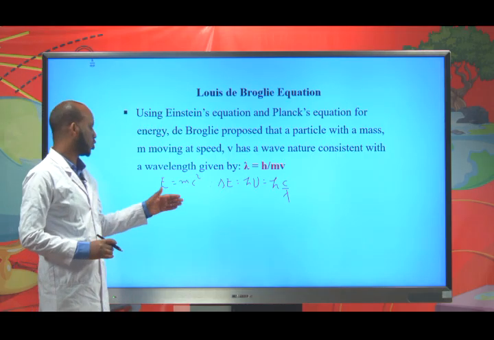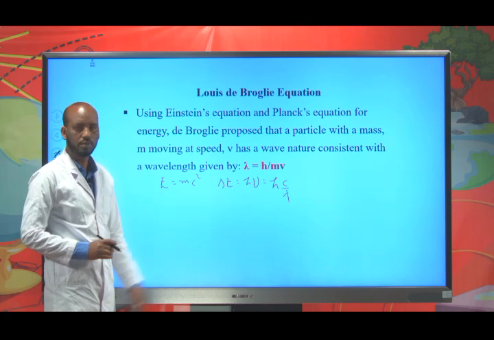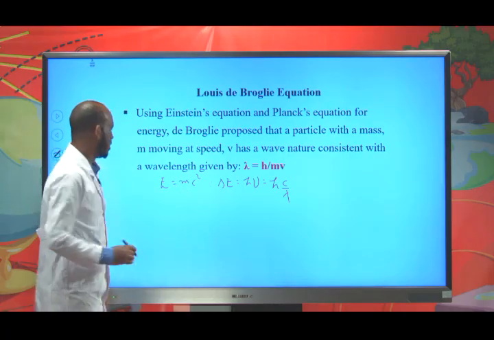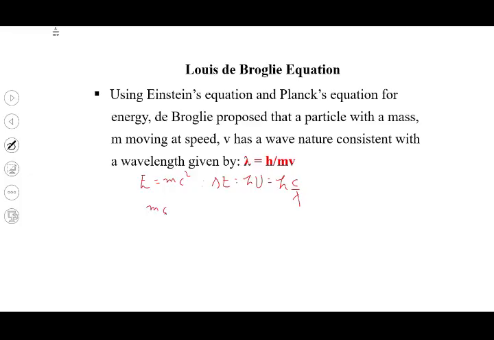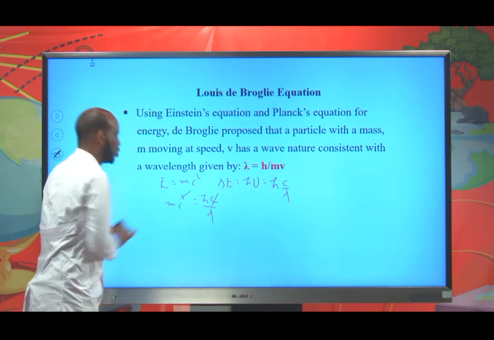We can equate the two equations. This is Einstein's equation. This is Planck's equation for energy. Now, m times c squared equals h c divided by wavelength. c will be cancelled by c.